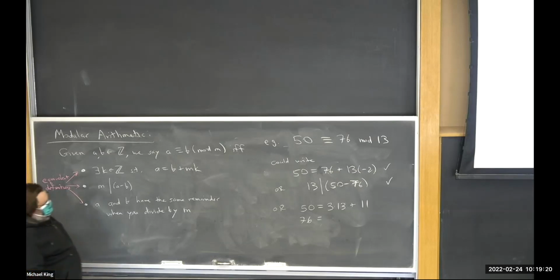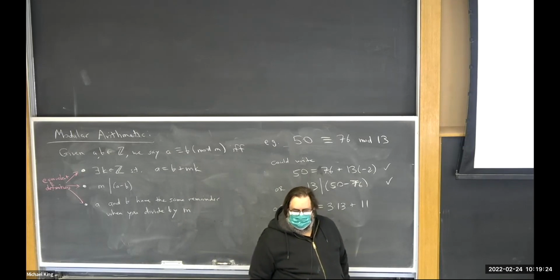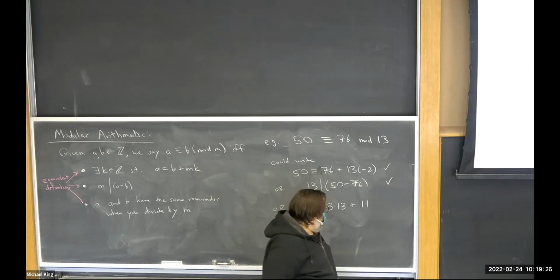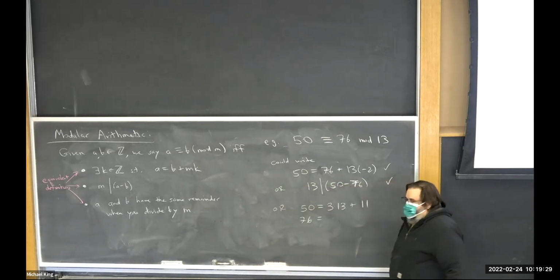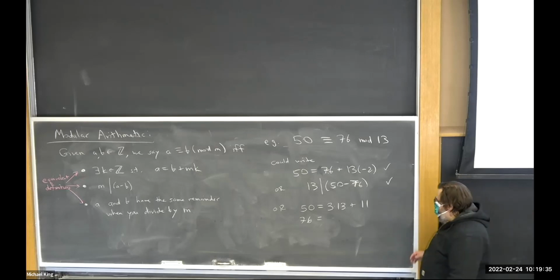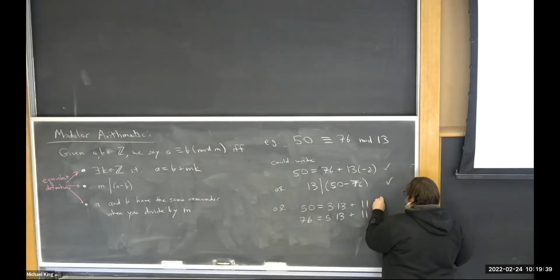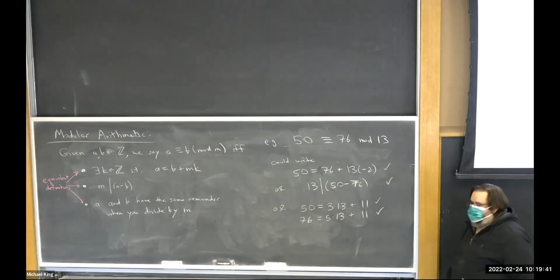Okay, so does this also work? 76, what multiple of 13? That's the biggest multiple of 13 less than 76. Fifth multiple, which is 65. 5 times 13 plus 11. So yeah, right?